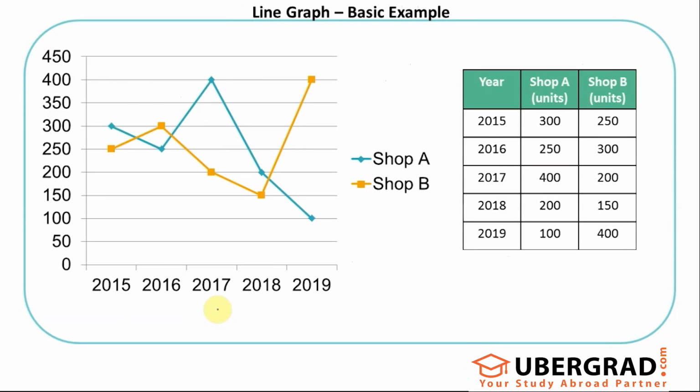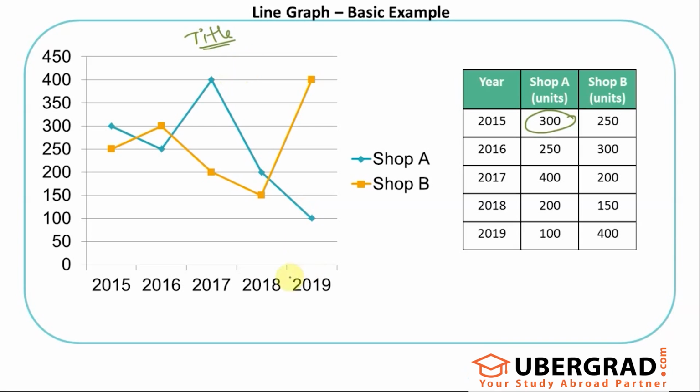So let me show how we can construct a graph like this so that we will understand how to read line graphs better. You see, in 2015, shop A sold 300 units. Whenever you see graphs like this, line graphs, visual graphs, first and foremost, read the title of the graph, right? We have not put the title here. It should have been sales of units, shop A and shop B over the last 5 years.